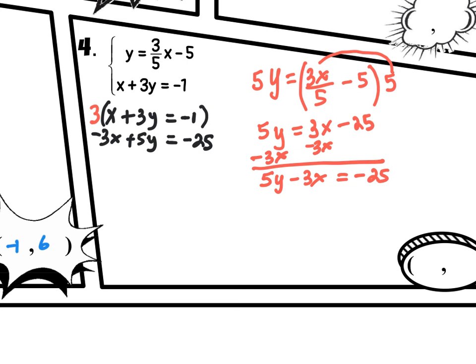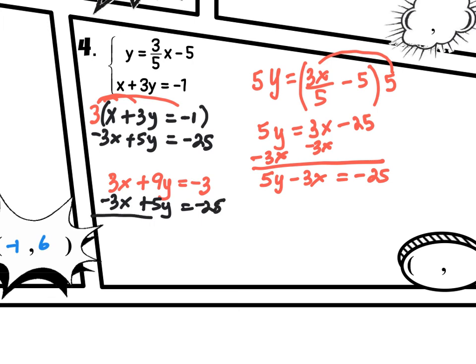So what I'm going to do is rewrite it again, but multiply times 3. So I have 3x plus 9y equals negative 3. And I'm going to write that other equation, negative 3x plus 5y equals negative 25. I'm going to go ahead and add. These two become 0. 9y plus 5y gives you 14y equals negative 28.